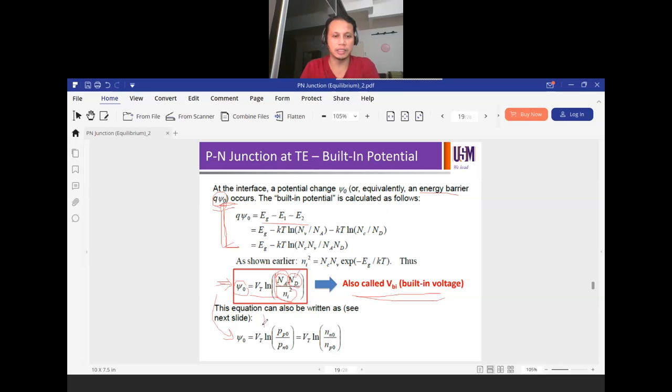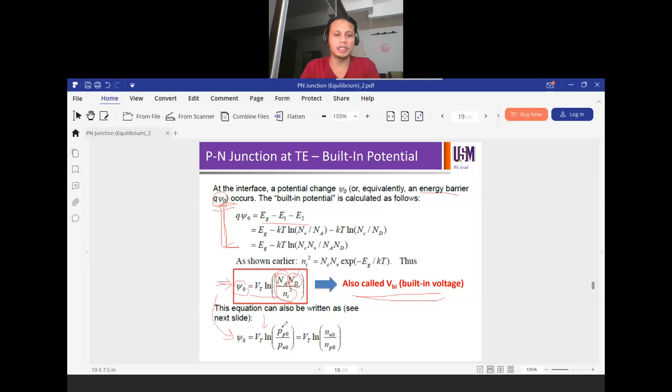They are the same thing. Therefore Vbi is also equal to VT ln PP naught over PN naught, and also equal to VT ln NN naught over NP naught.